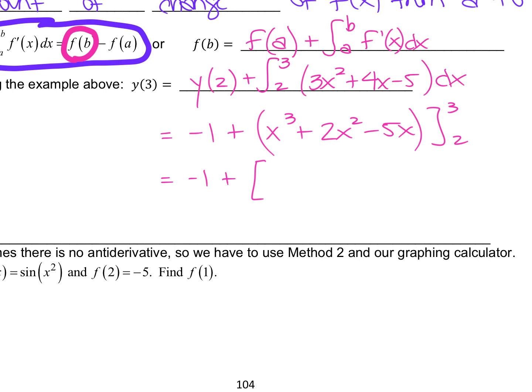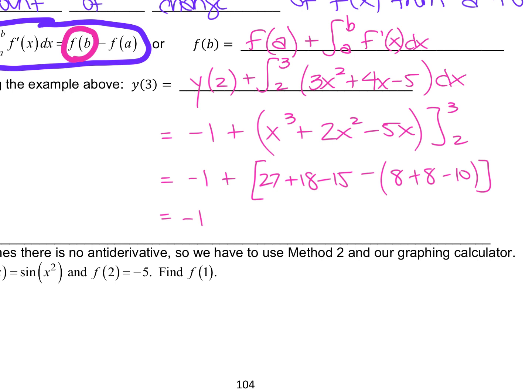So this then would be plugging in your 3 and plugging in your 2. If I plugged in 3, I'd have 27 plus 18 minus 15. Minus, in parentheses, my plugging in of 2: 8 plus 8 minus 10.